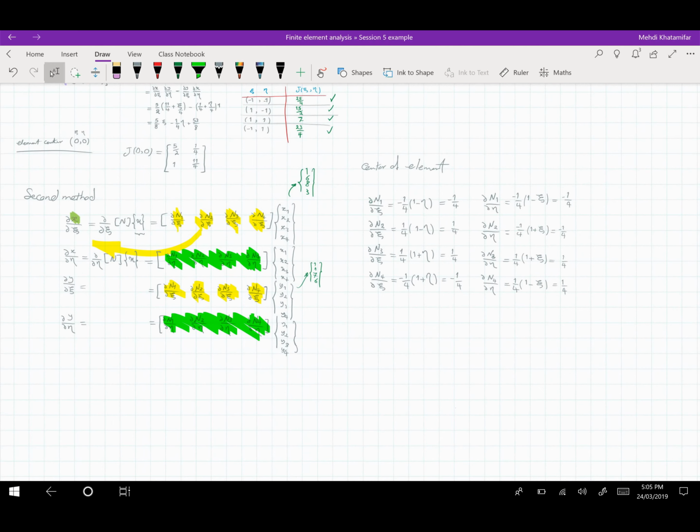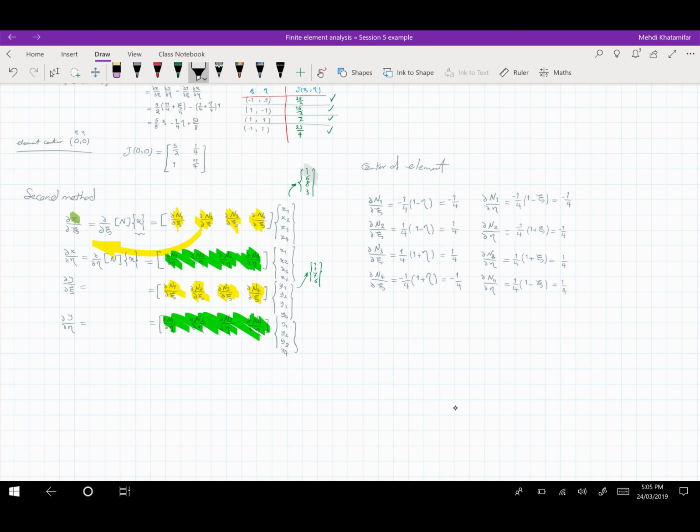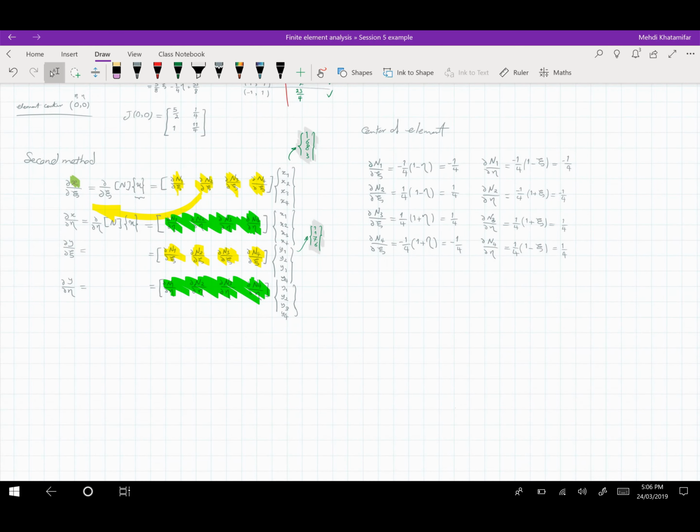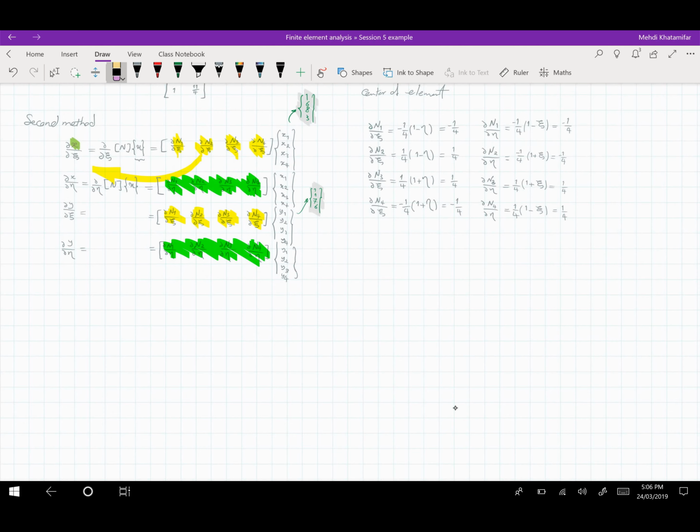So what are the x and y matrices, vectors? Let me show you the x and y matrix. Let's use this color. So this is the x vector and this one is the y vector. Sometimes if you are reading other textbooks, they use the transpose form, which is instead of writing vertically, they write horizontally.